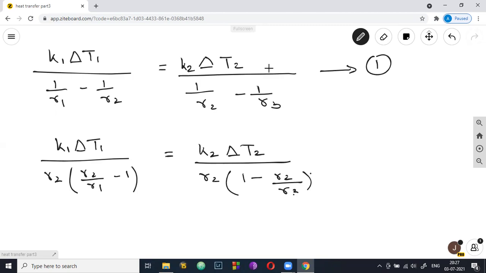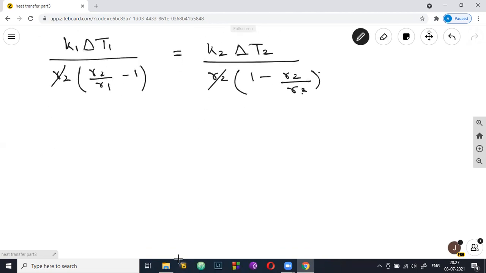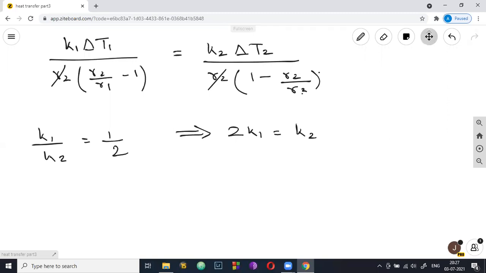Okay. Now R2 is the same, so it gets cancelled out. Now the data given to us: K1 by K2 is equal to 1 by 2. So 2 times K1 is equal to K2. That's one thing.